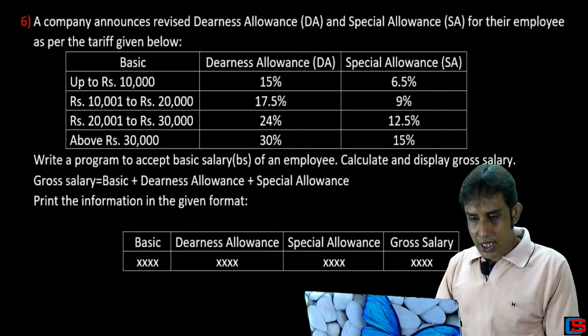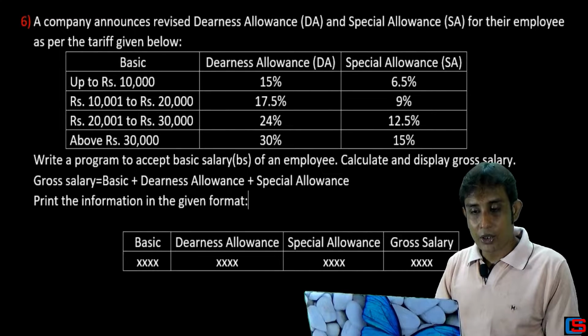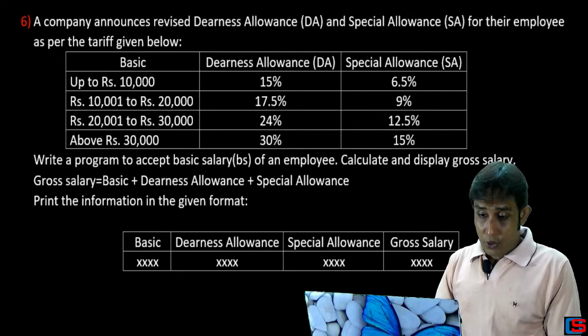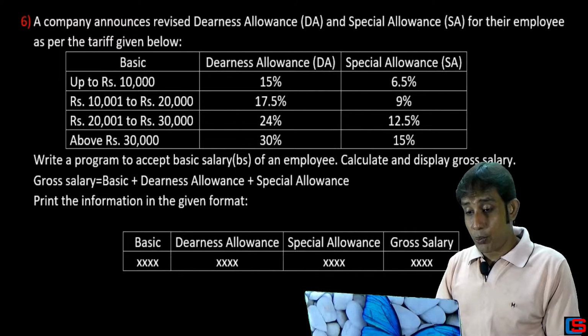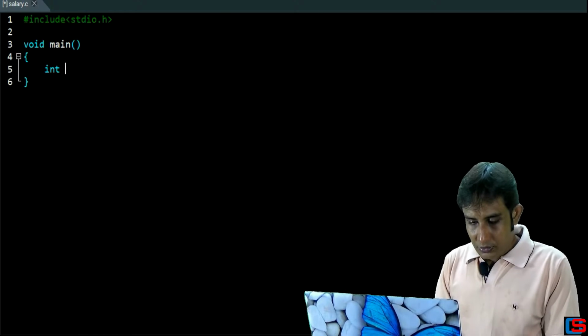The gross salary formula is given here, but before that we have to calculate the dearness allowance and special allowance first, and then we are able to find the gross salary. Then the gross salary is going to be printed in the format given below, which is the same as the earlier format. So let's start the program.